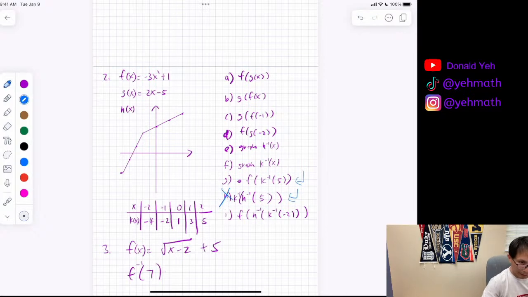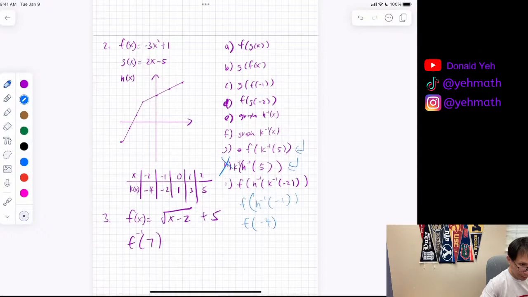Does I work? K inverse of -2. That means H inverse of -1. And H inverse of -1 is F of -4. And F of -4 is equal to -3 times -4 squared plus 1. That's equal to -3 times 16 plus 1, which is -48 plus 1. That's equal to -47. Did anybody get that?